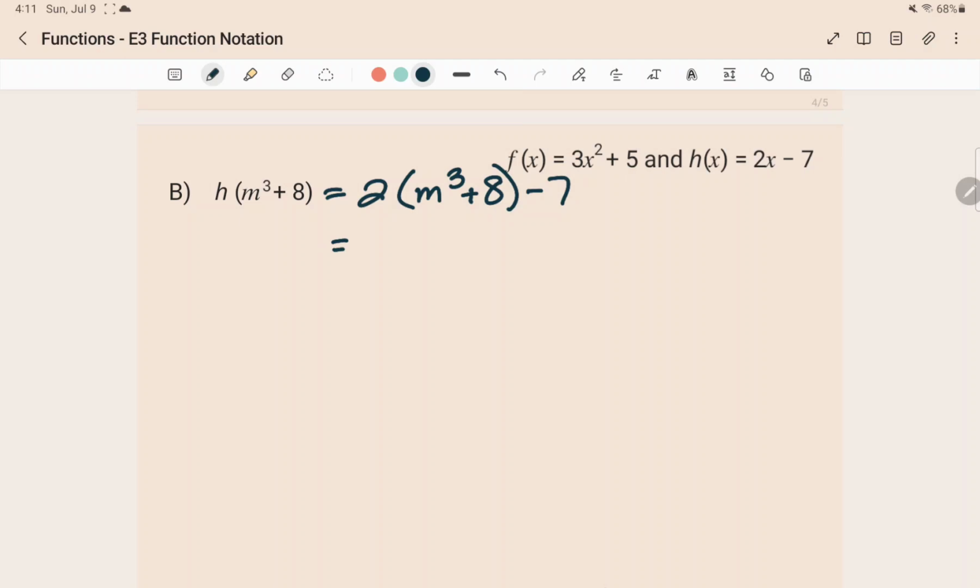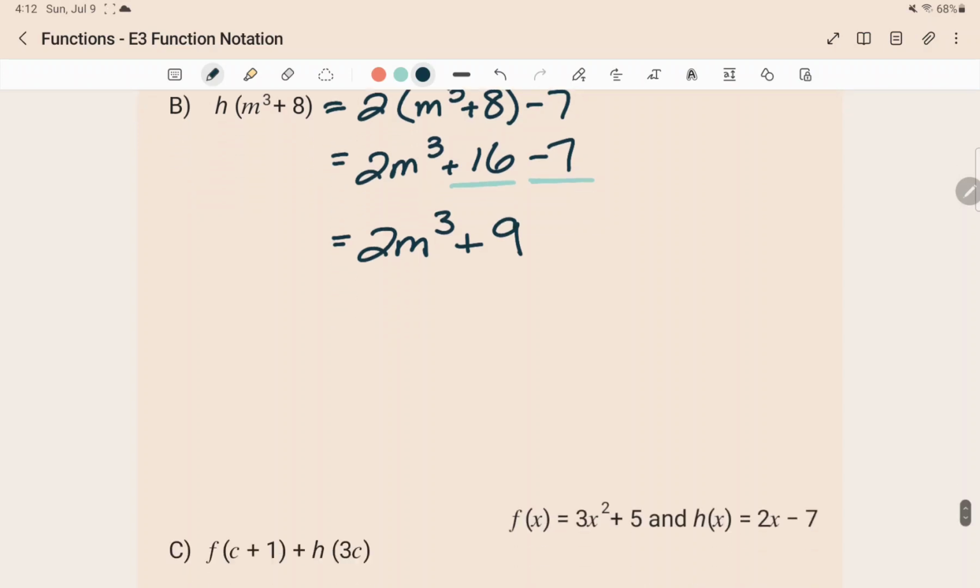All right, and I distribute: 2m cubed plus 16 minus 7. I find my like terms, positive 16 and a negative 7, and then I just combine for my final answer. So 2m cubed plus 9.